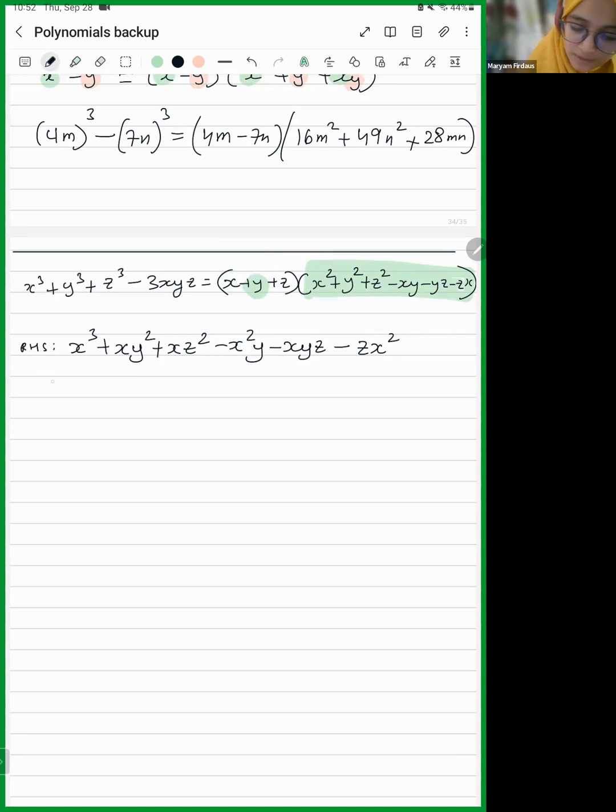So it will be plus y x square plus y cube plus y z square minus x y square minus y square z minus xyz. Yes or no?